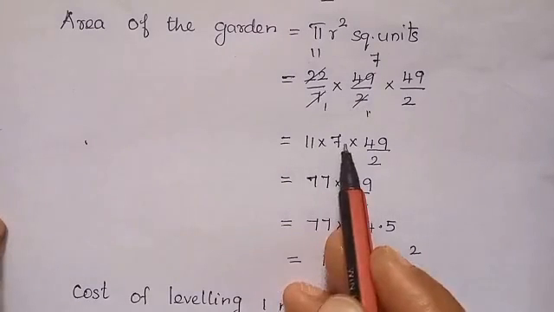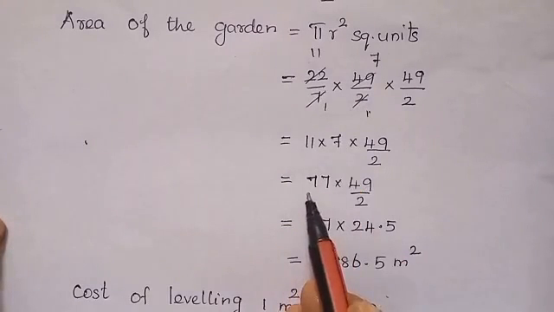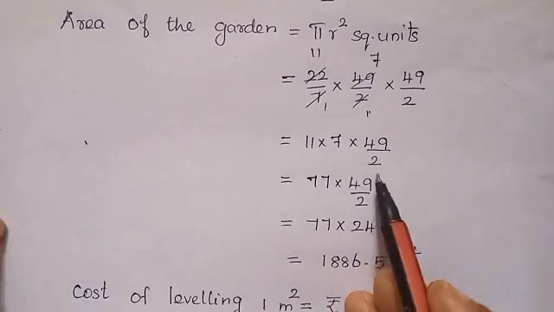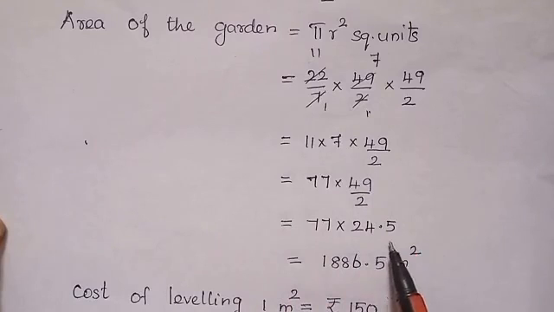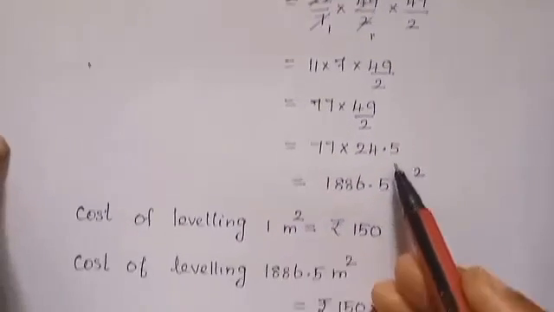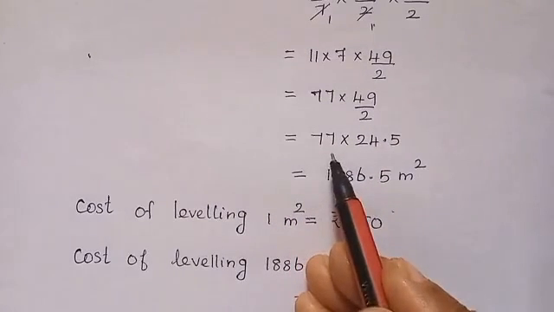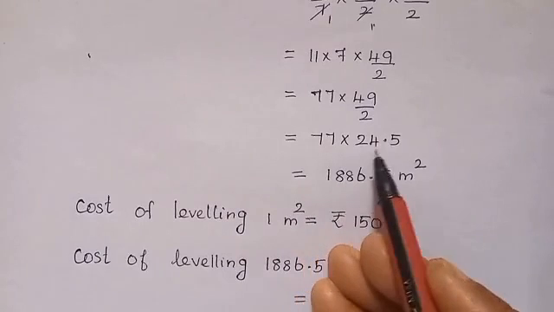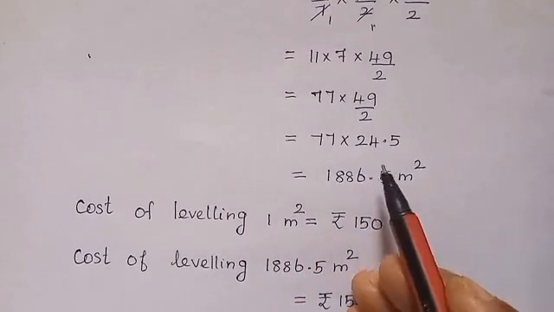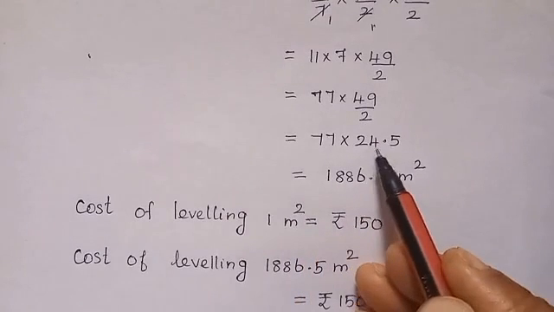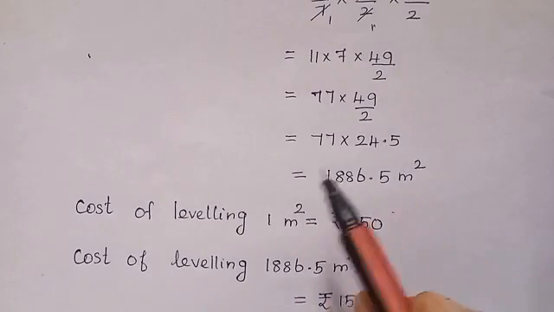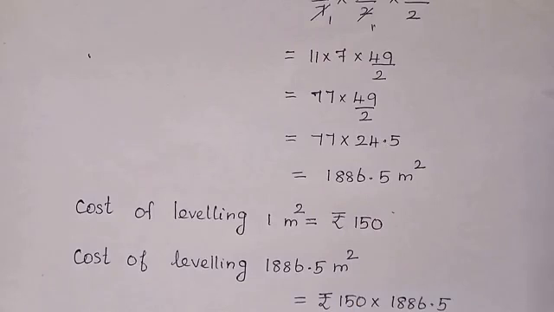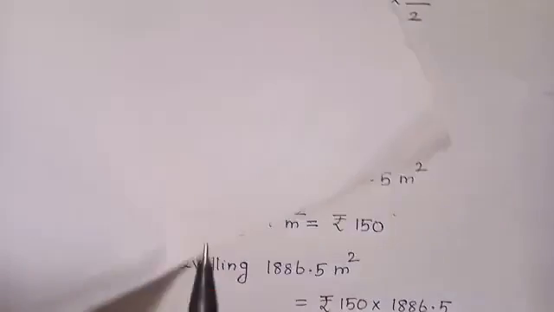11 7s are 77. Here 49 divided by 2. 49 divided by 2 is what? 24.5. See, 77 into 24.5. Now we are going to multiply this. We can remove the decimal point and write as 245 multiplied by 77.